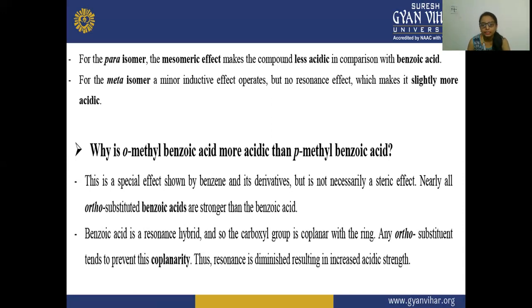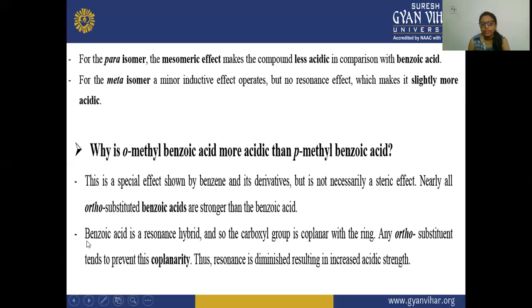Benzoic acid is a resonance hybrid. The carboxylic group is coplanar with the ring, and any ortho substituent tends to prevent this coplanarity, so the resonance is diminished, resulting in increased acidic strength.